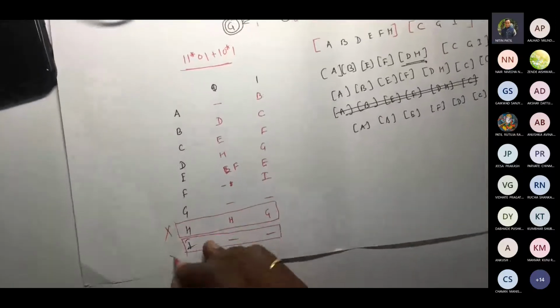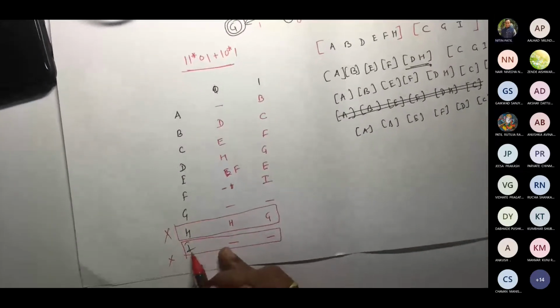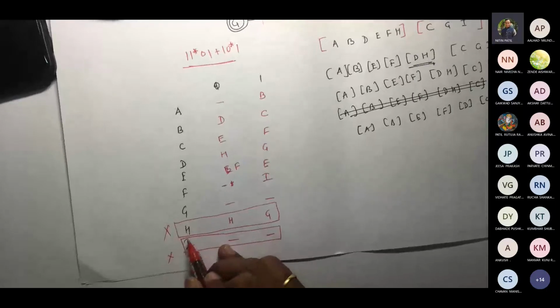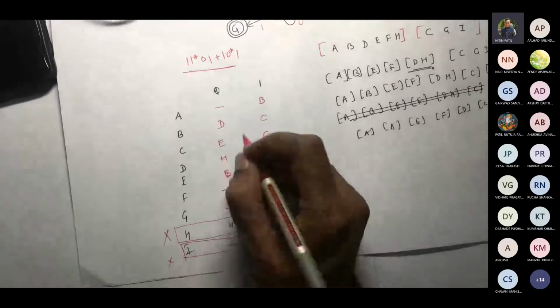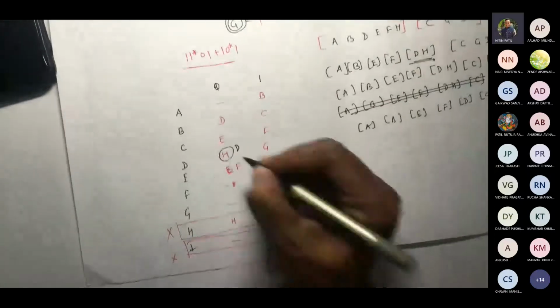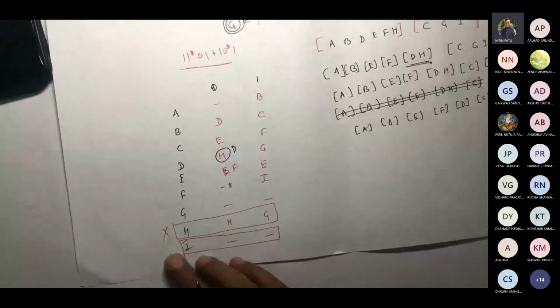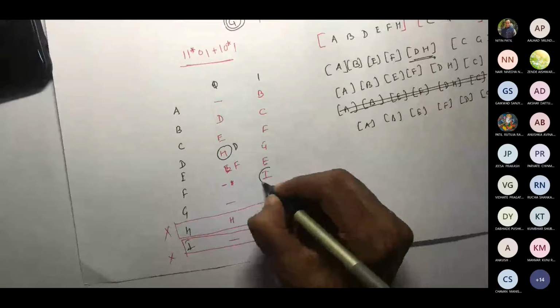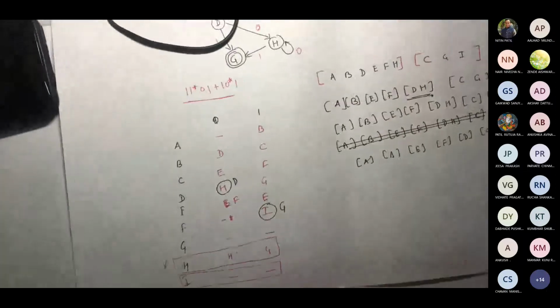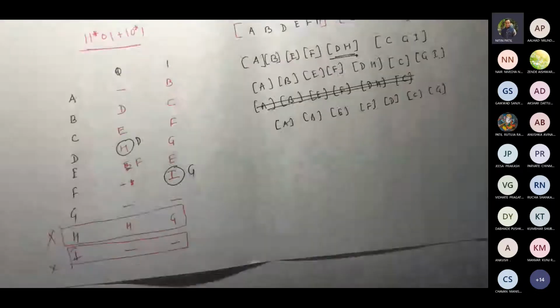Now we removed this. Now wherever H and I are, H is to be replaced by D, so this would be D. Correct? And I would be replaced by G. Now let us draw this.